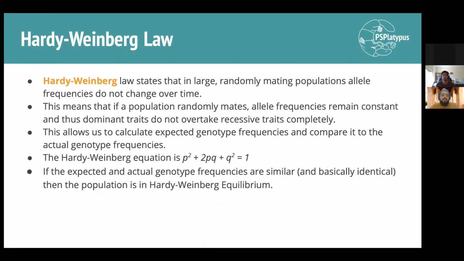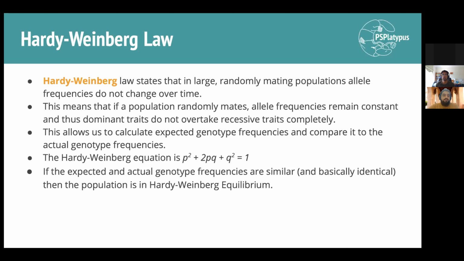But here we must have some conditions: the population must be large and randomly mating, so there is no migration, no selection, and no mutations. So we can say that this does not exist in real life because we can't control migration, we can't control genetic drift, we can't control mutations.